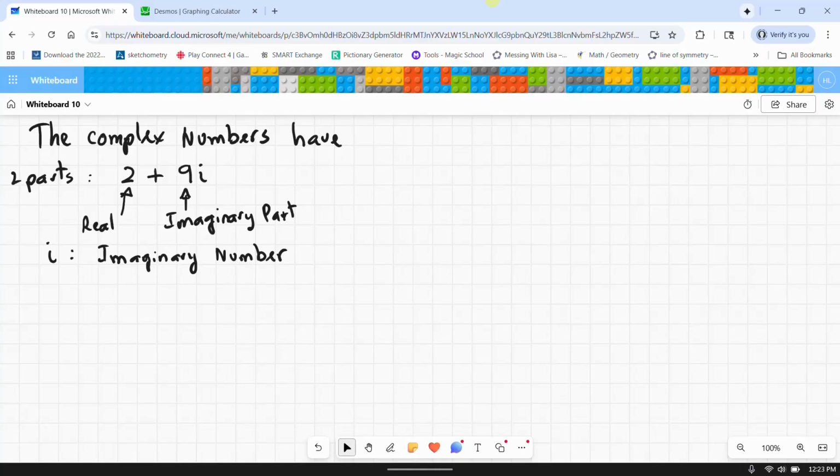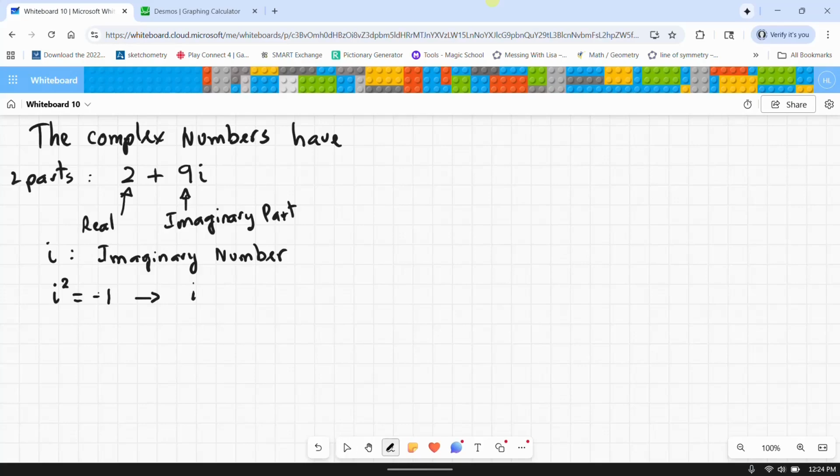So what is the imaginary number? Let's start with i squared. By definition, i squared is equal to -1. So what is i?